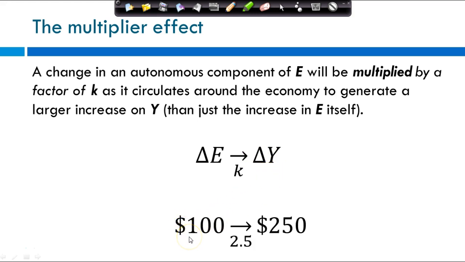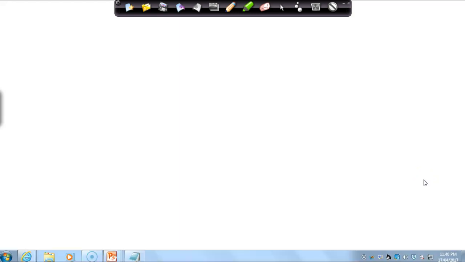In our example that we used previously, that $100 million increase in expenditure was multiplied 2.5 times as that money circulated around through the economy to generate an increase in income overall of $250 million. Okay, so briefly, how does this multiplier work? How is this multiplication occurring? Well, let's make it a very simple story.